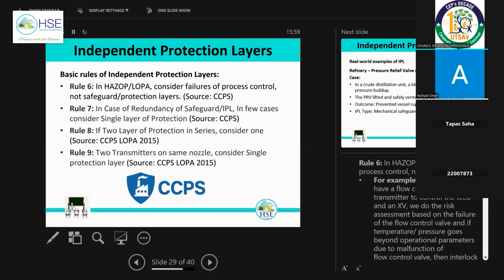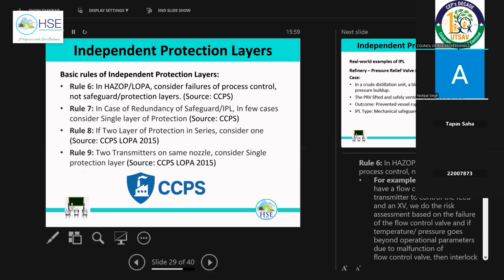In that case, we cannot take credit for 2 PSVs while doing the risk assessment, because during testing, once in 6 months or once in a year, we will remove one for 2 days or 3 days. So that PSV is not available throughout the 365 days, 24 hours. So in that case, we consider only 1 PSV as a protection layer or safeguard. So that's a basic thing.